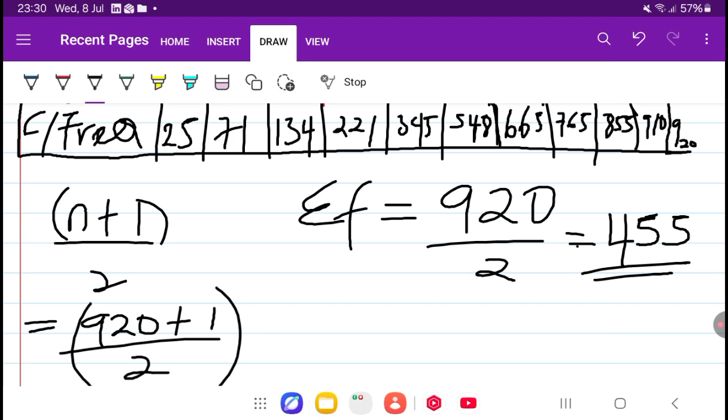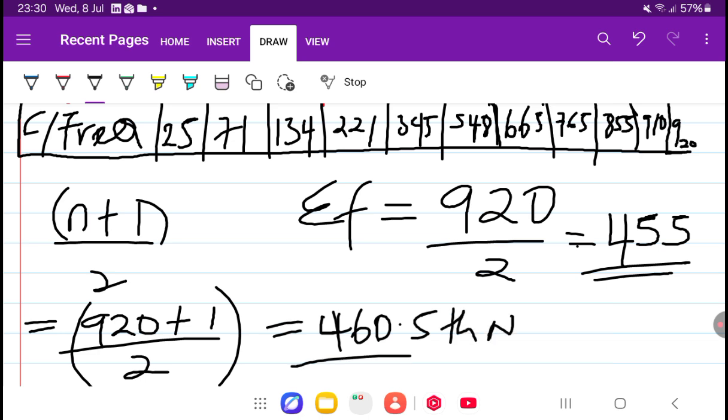So this is 460.5th number. These are just positions. Sorry, this is 460.